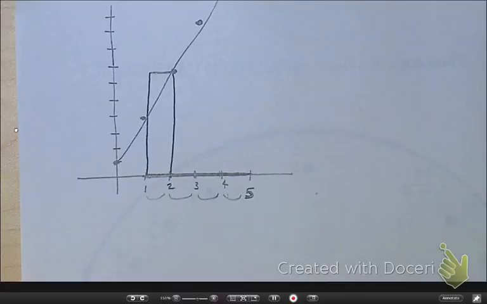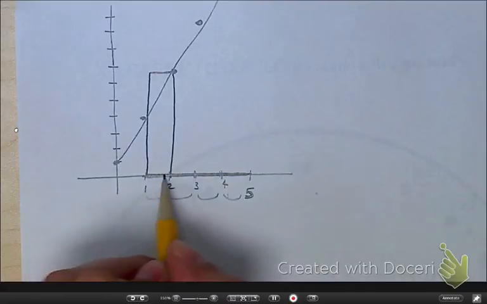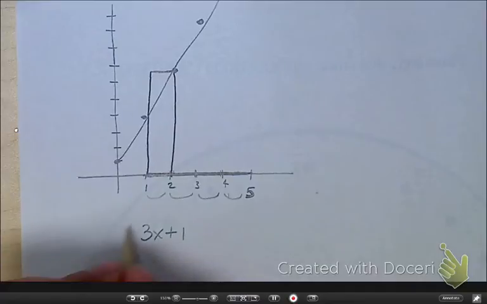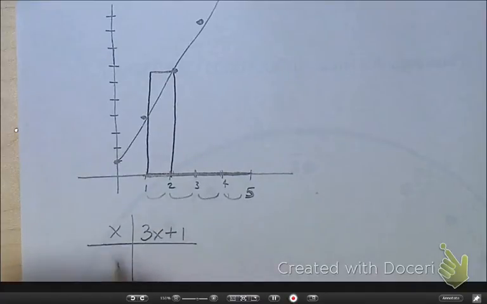This rectangle has a base of 1, and the height is, if I plug 2 into the function 3x plus 1, I can create a little t-chart right here. 2 times 3 is 6, plus 1 is 7. So the height of this rectangle is 7.